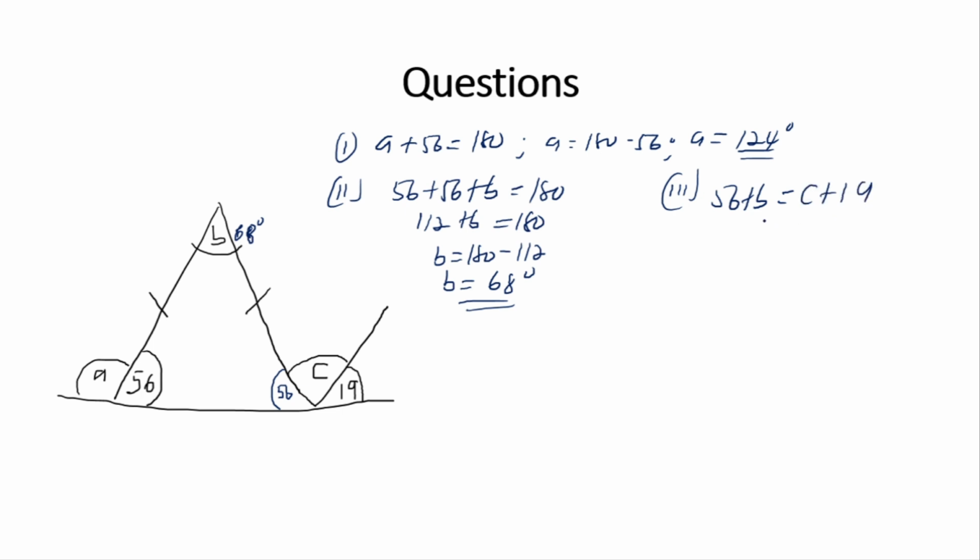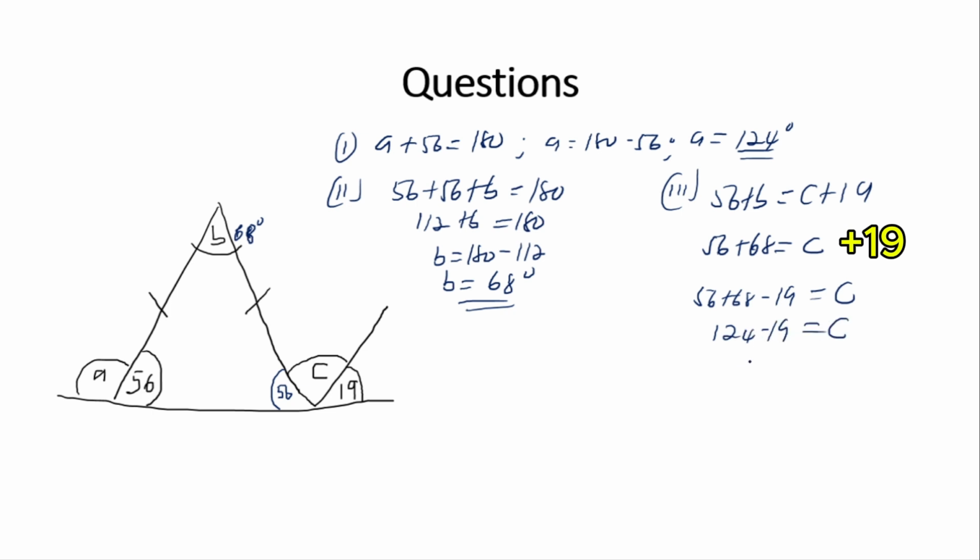We know B. So 56 plus B, which is 68, equals C plus 19. Now this is going to be 56 plus 68 minus 19 equals C. And that is going to give us 124 minus 19 equals C. And when you subtract 19 from 124, you get C to be 105 degrees.